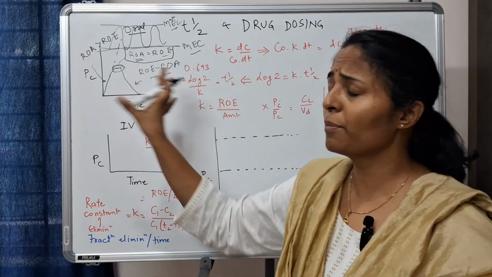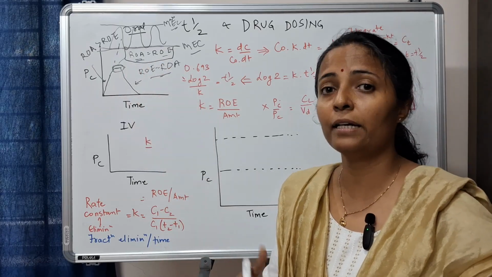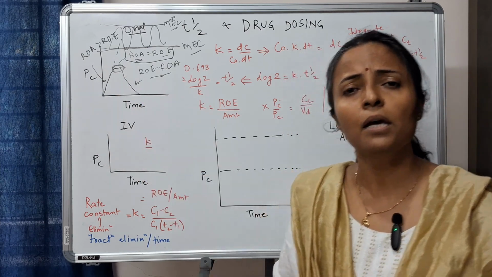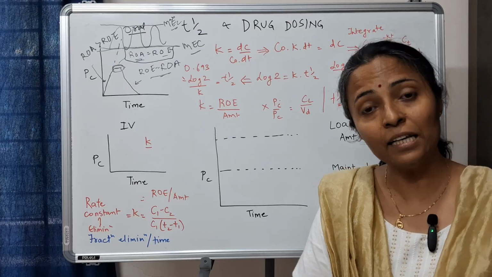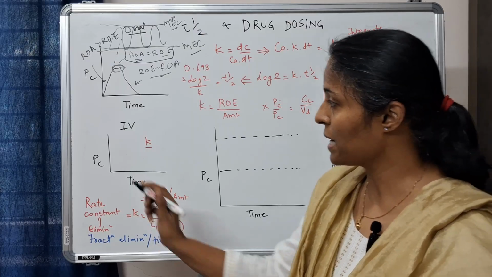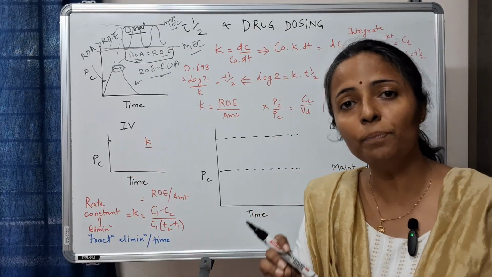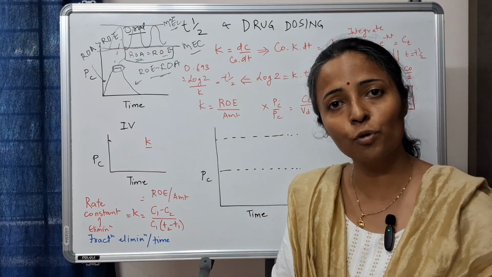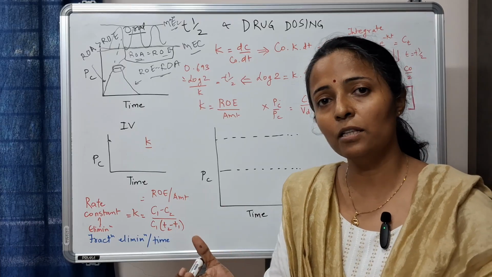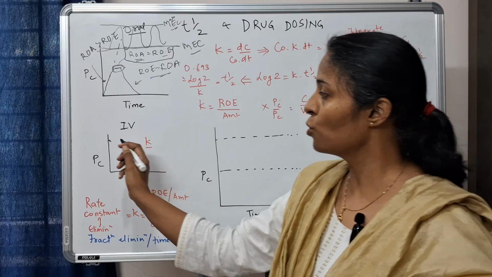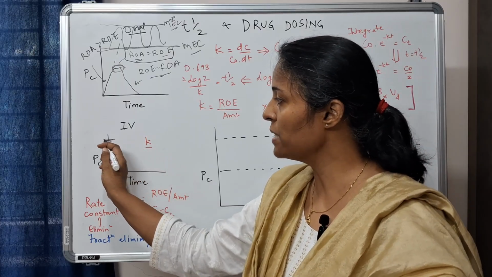Now I am talking about oral or any other route like intramuscular or subcutaneous, because absorption is taking place. But if we deliver the drug intravenously, what is happening? We are directly injecting the drug and the entire 100% of the drug is in the circulation, as we discussed in the video on bioavailability. So the plasma concentration will be somewhere at the top.